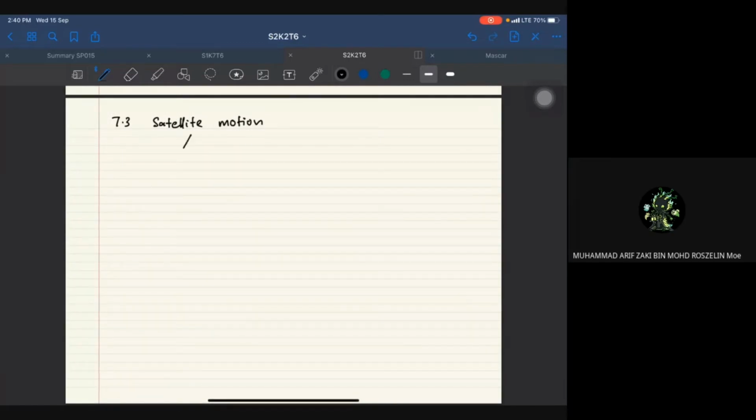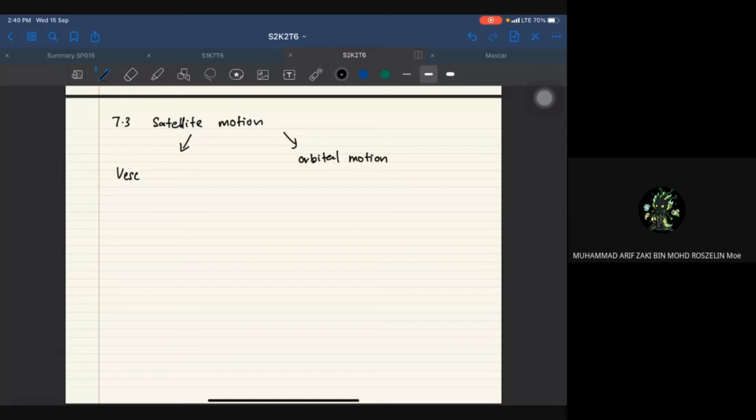Okay, one is V escape. Another one is about the orbital motion, which is satellite motion itself lah. Satu tu maksudnya dia keliling, satu tu lagi adalah dia cuba untuk keluar daripada gravity pull.